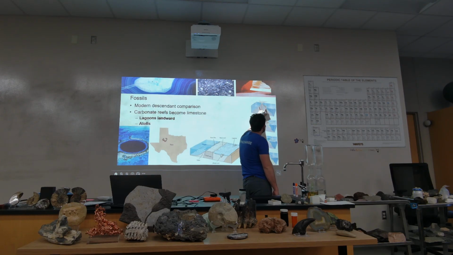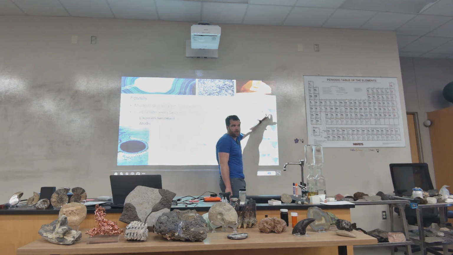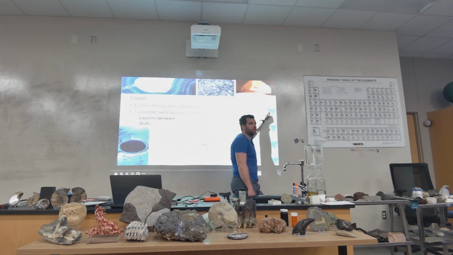Now, it's still building, but now there is land out there in the ocean that is providing a place where coral can anchor themselves close to the sunlight because they require the sun for photosynthesis, okay?